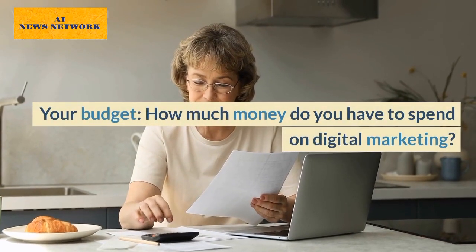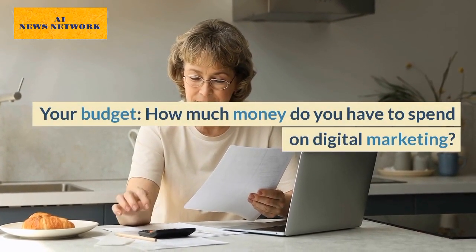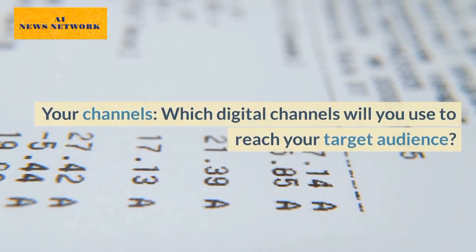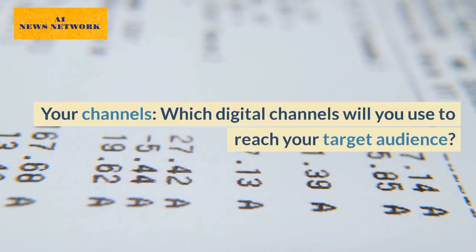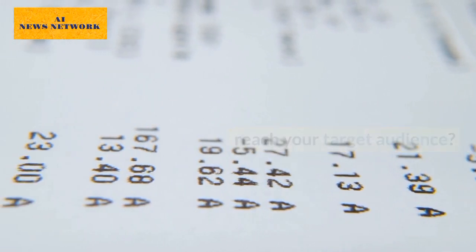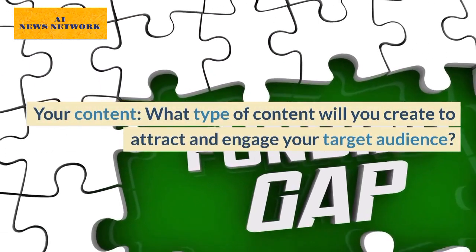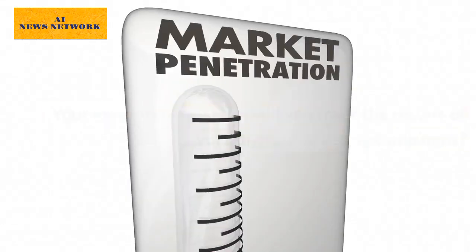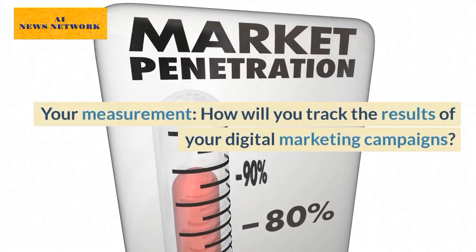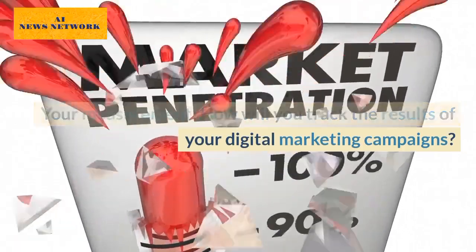Your budget. How much money do you have to spend on digital marketing? Your channels. Which digital channels will you use to reach your target audience? Your content. What type of content will you create to attract and engage your target audience? Your measurement. How will you track the results of your digital marketing campaigns?